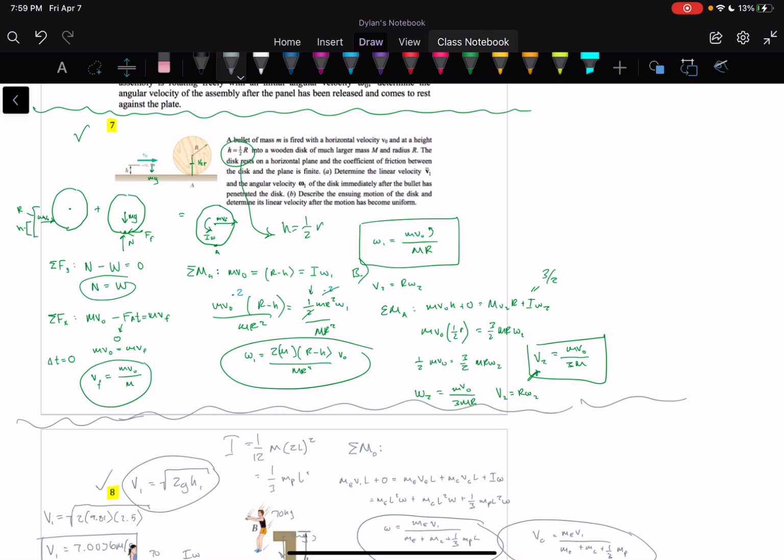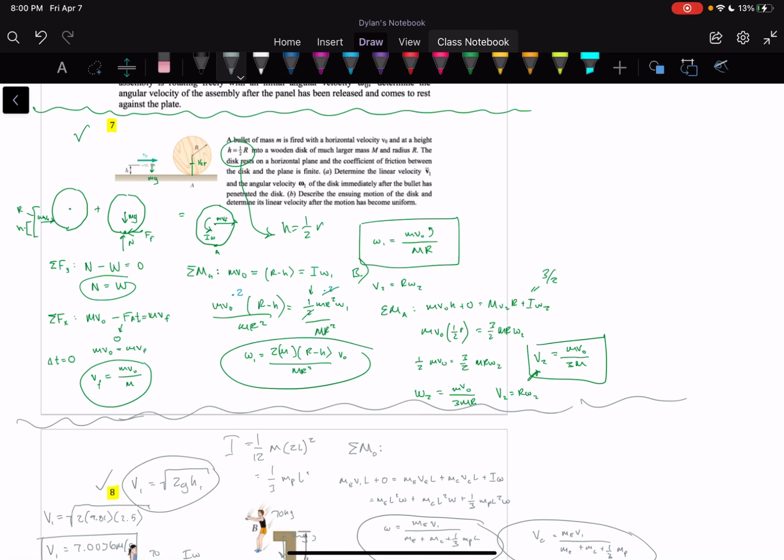So we know that there's a force from the bullet, we know that there's a force of the wheel, there's friction, and there's a normal force. So we do sum of forces to find our velocity in terms of mass and v. Then we can do our sum of moments to find our omega in terms of our radius and our mass.